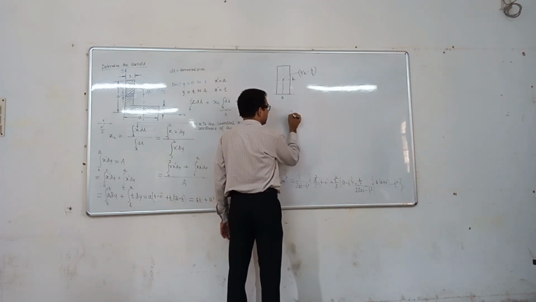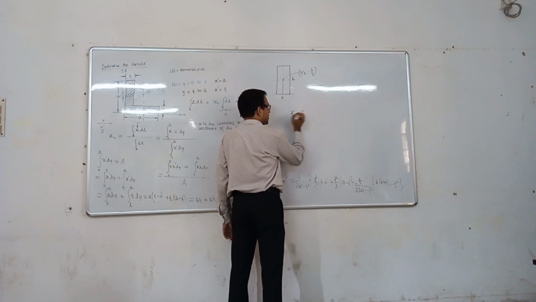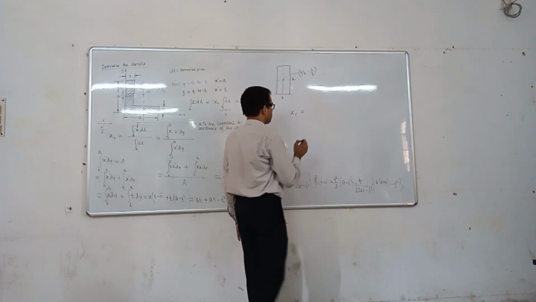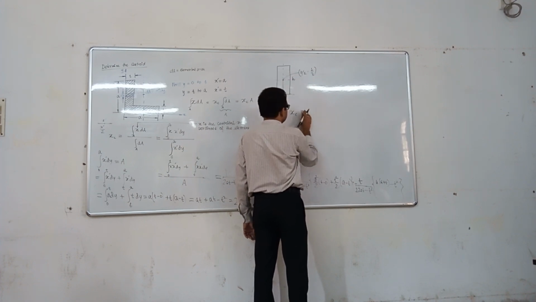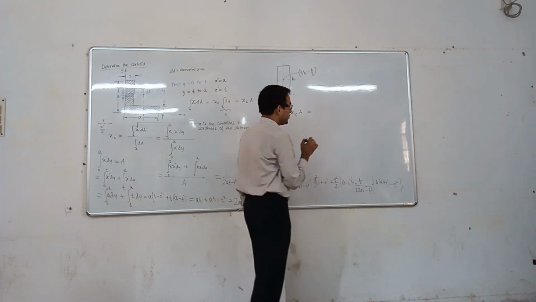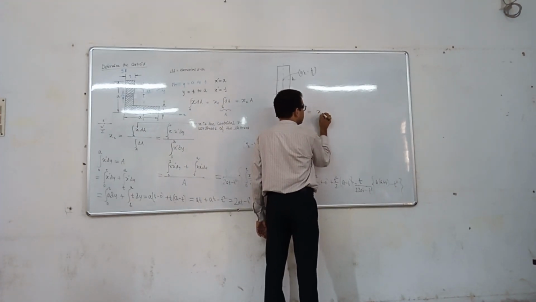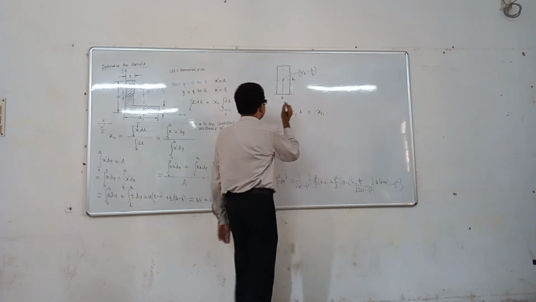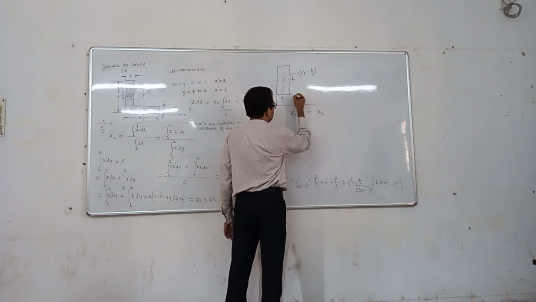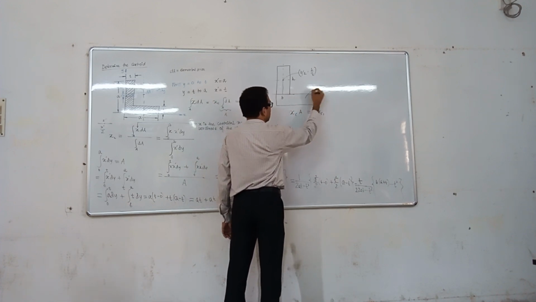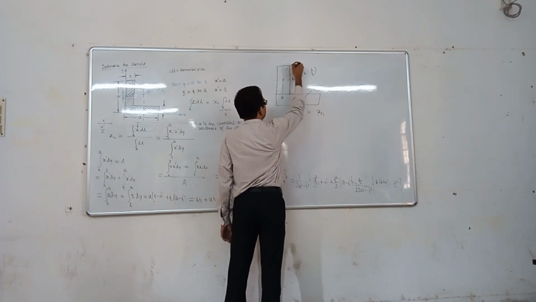xc is equal to, for this area, say xc into A is equal to xc1, say for example this is 1, this is 2.